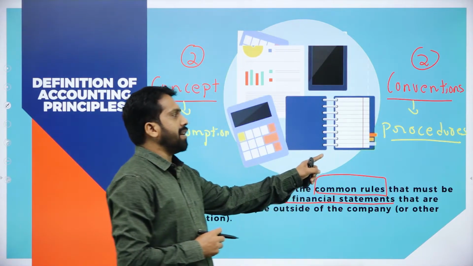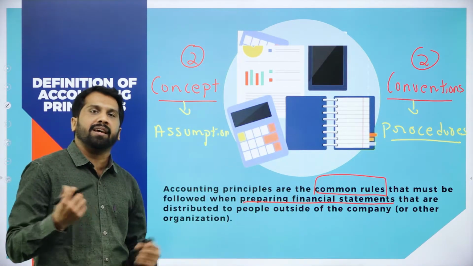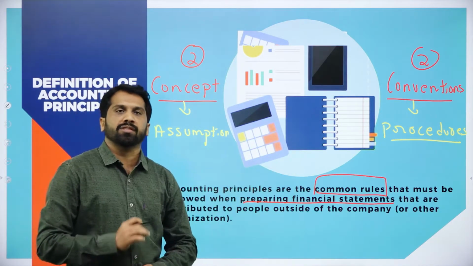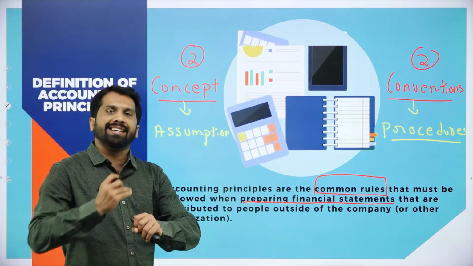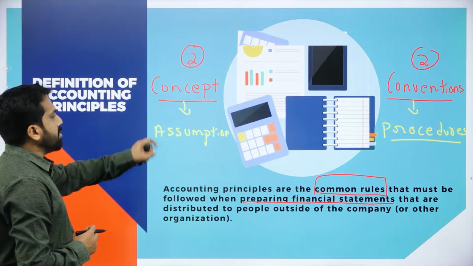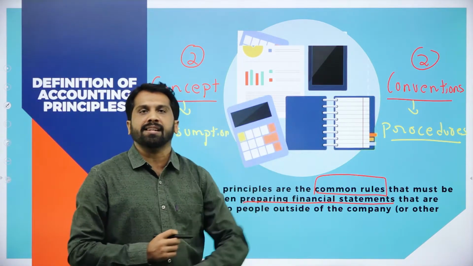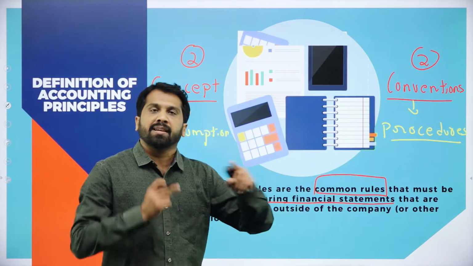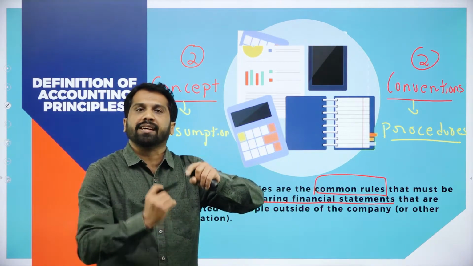It is done by experts, by a group of people. That is called conventions. So we will discuss in detail about accounting concepts as well as accounting conventions. You will understand conventions better when I go through the individual conventions.